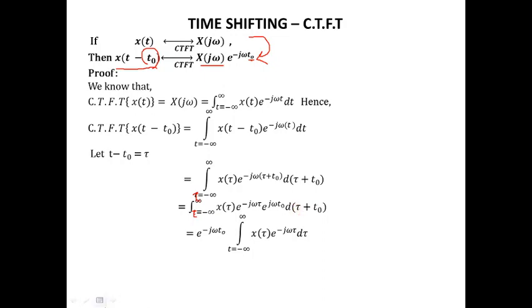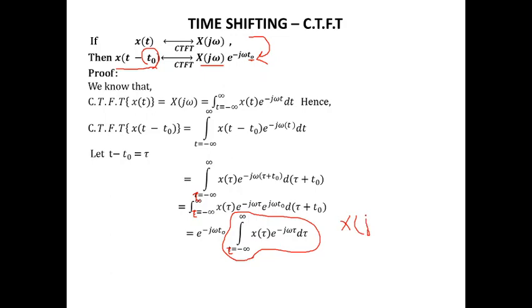So this can be written as, and here the variable of integration will be tau, right? So now, very important inference. Now this equation can be written as x of j omega, because the only difference between this and the previous one is, both are the same.